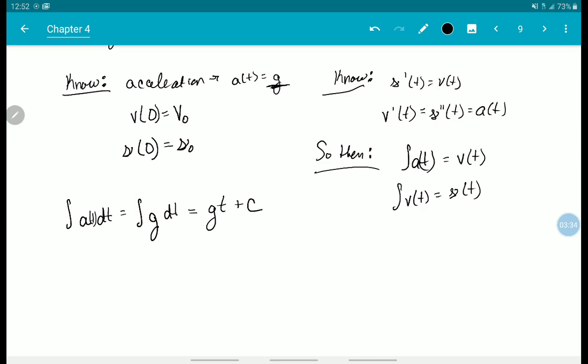plus some constant. Just to recall, it depends on if we are in feet per second or meters per second. But if we're dropping something off a building, or throwing something up in the air, gravity acts as a downward force. So it's negative. It's either negative 32 feet per second squared, or negative 9.8 meters per second squared.